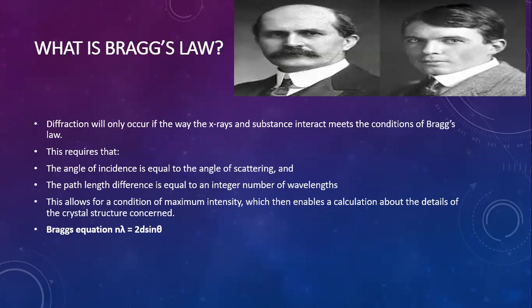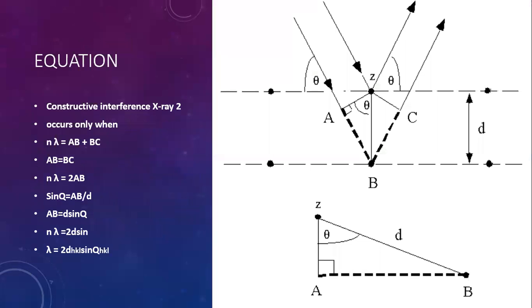This allows the condition of maximum intensity, which then enables a calculation about the details of the crystal structure concerned. In the end, Bragg's equation is n lambda equals 2d sine theta. Later, we will discuss how this formula was derived.